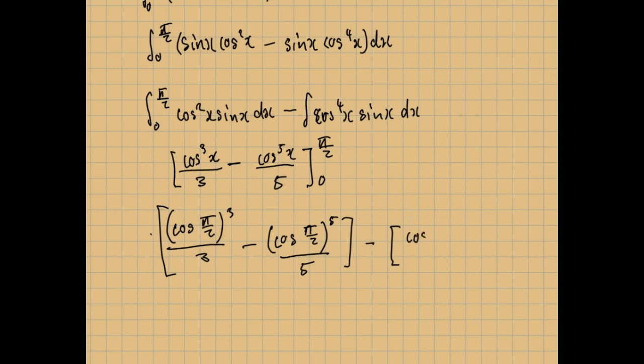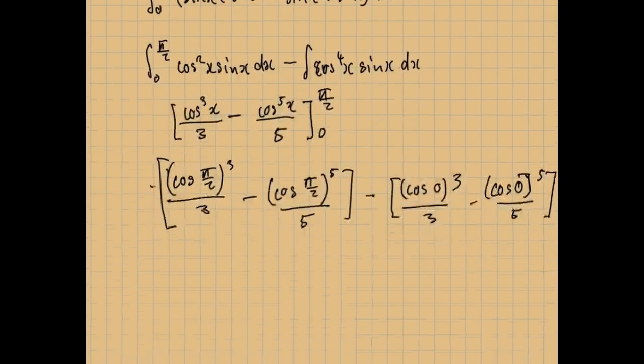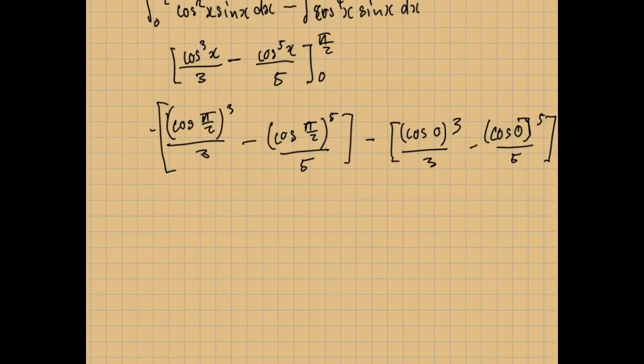Now we have cos 0 cubed over 3 minus cos 0 to the power of 5, over 5. Well, if you put cos pi over 2, it's like saying cos 90, and you should get 0. You must definitely get a 0 because at 90 it's 0.